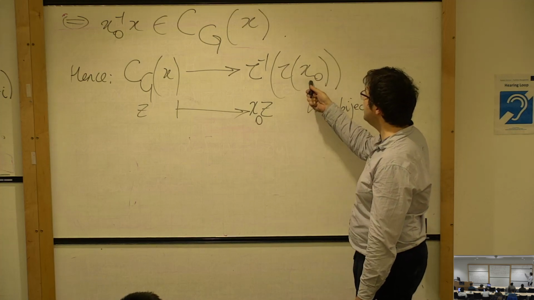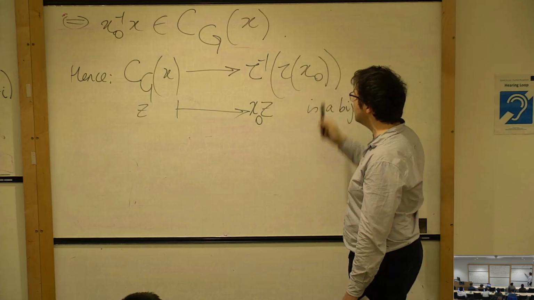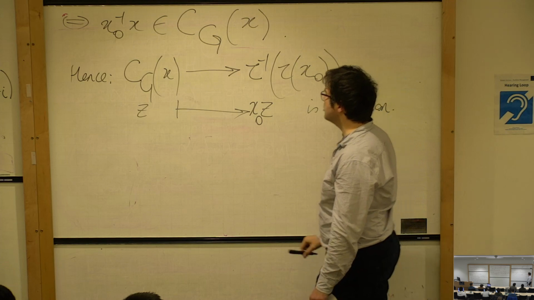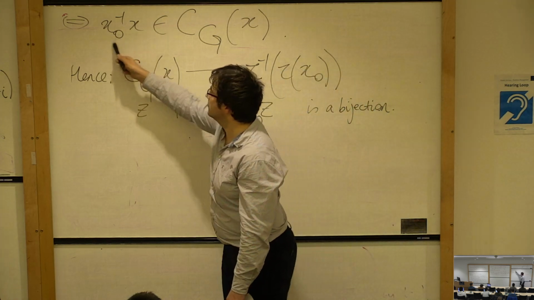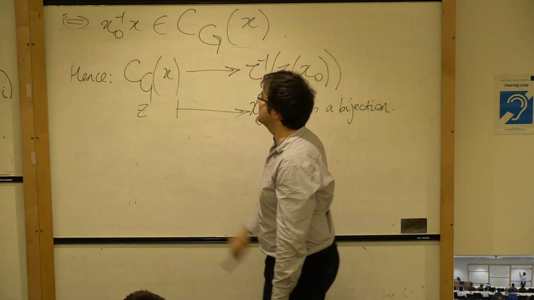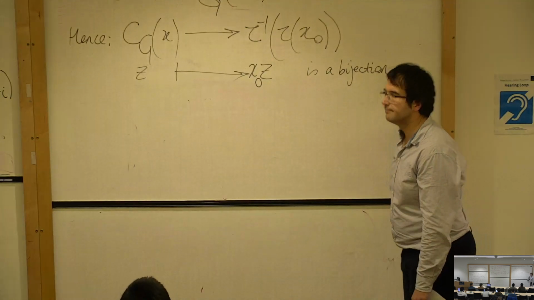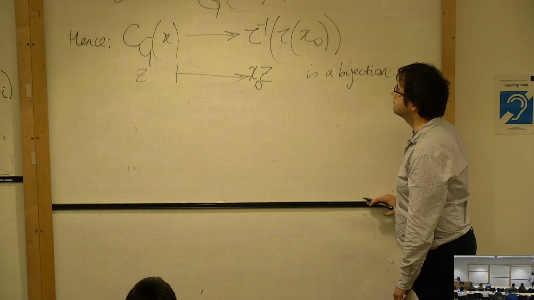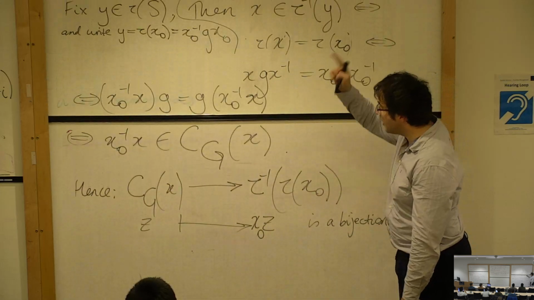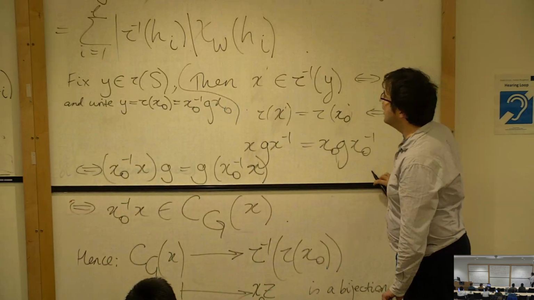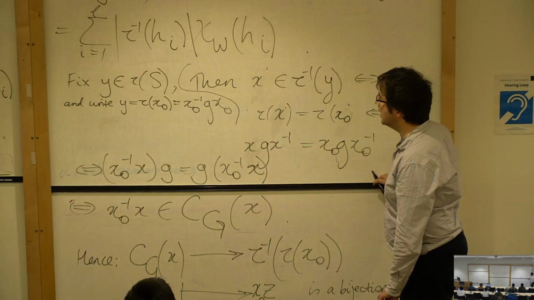Because anything in here, any x which tau maps to tau of x naught, has to have the property that this difference centralizes. That's why it's significant. Good. And therefore, all of these fibers have the same size.